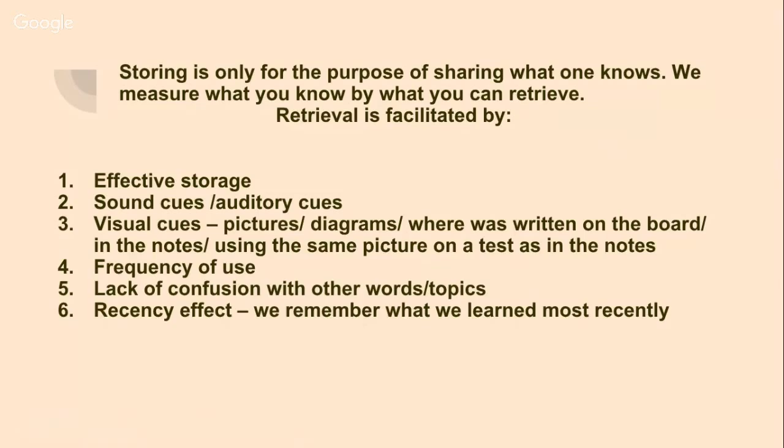When we teach children with a diagram, it's important to use that diagram in the test so that they now associate the word knowledge with that picture. How often I use the word will facilitate how quickly it comes up out of retrieval. And then I keep my vocabulary separate so there's not a lot of confusion that complicates it.